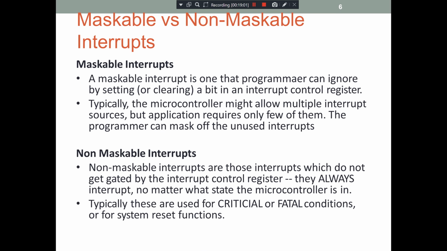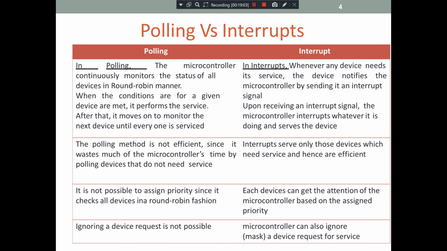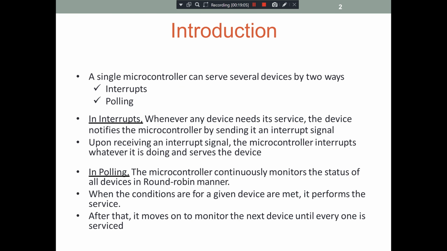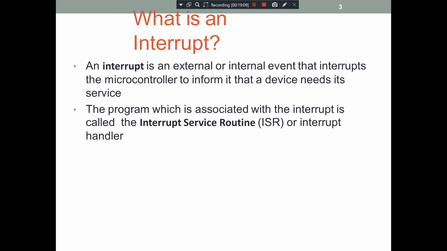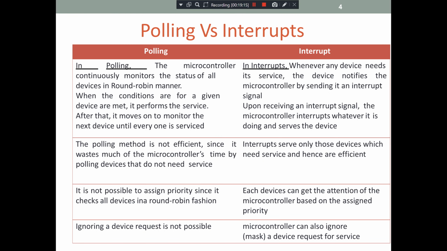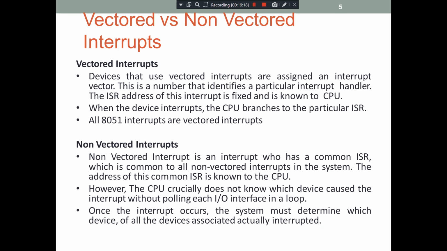We discussed the PCON register. In detail, the 8051 interrupts: the introduction and what an interrupt is. As I told, it is external and internal events, and we discussed the differences between polling and interrupts, and what vectored and non-vectored interrupts are. This is also an important question for viva, so go through it properly.